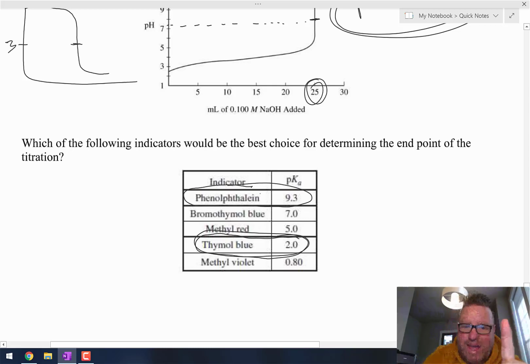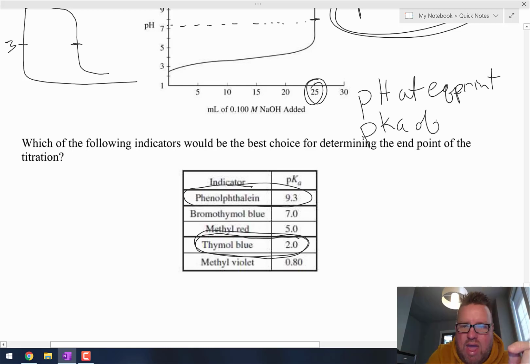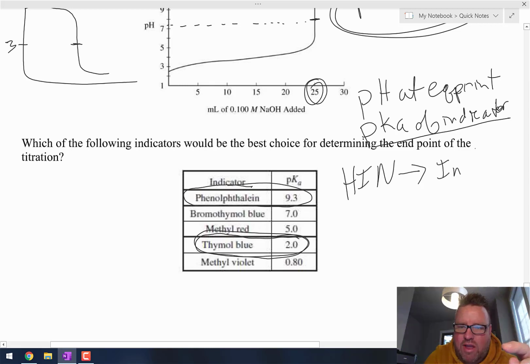So again, you want the pH at the equivalence point to be as close to the pKa of the indicator, because the pKa of the indicator indicates the point at which you're switching from having more of the acid to having more of the conjugate base, and that's when the color change happens.